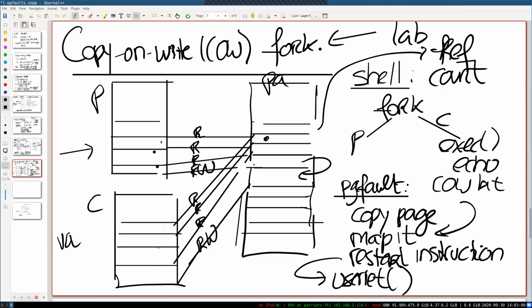Also, do you really need to use that bit to specify if it's copy on write? Because the kernel could also maintain some information about the processes that share. Yes, you could maintain some other meta information along with the process address space to say that virtual addresses between this and that are text addresses, so if we have a page fault there, it must be copy and write or something.